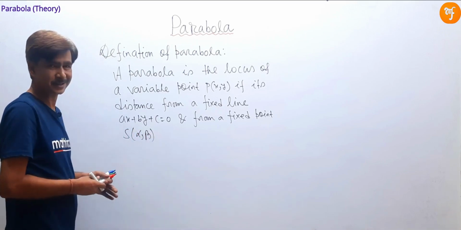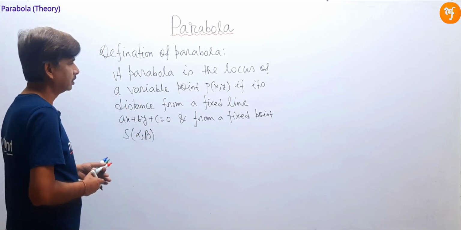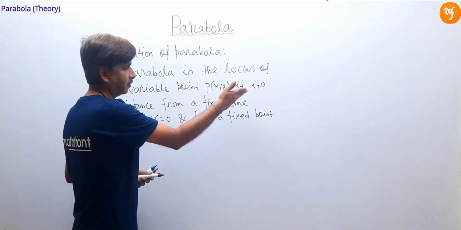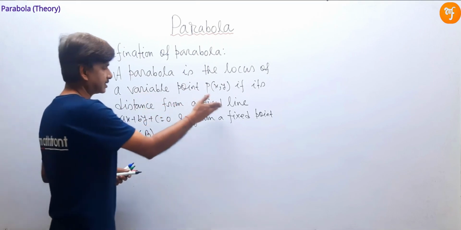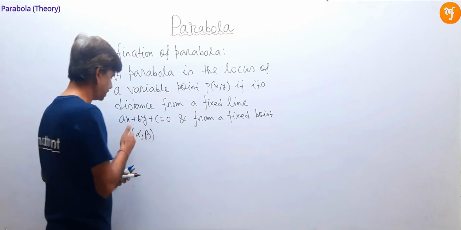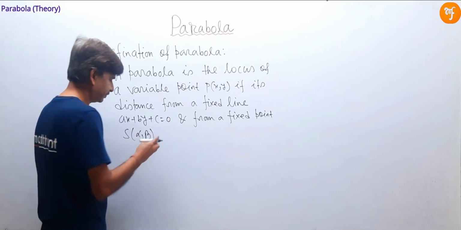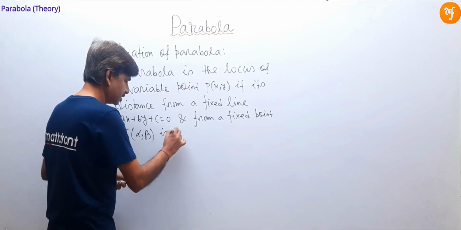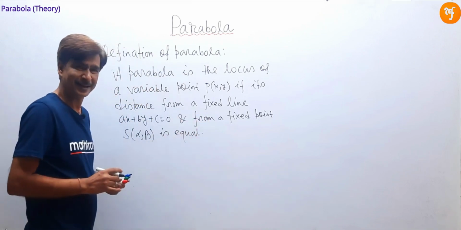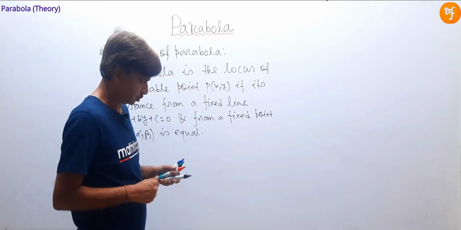So fixed point means the stationary point. Fixed line means the stationary line. Okay. So parabola is the locus of a variable point P(x, y) if its distance from a fixed line ax plus by plus c is equal to 0 and from a fixed point S, which is alpha comma beta, is equal. Clear? Understand? So let us draw the diagram, then it will be easier for you.